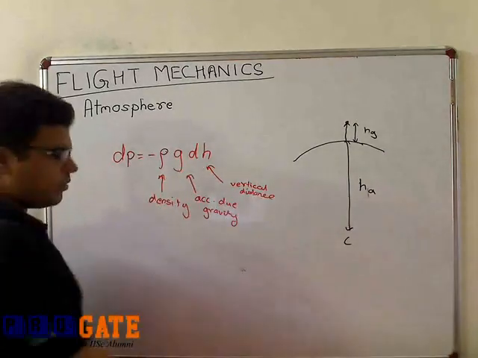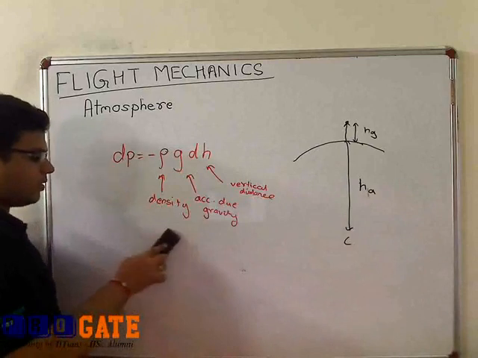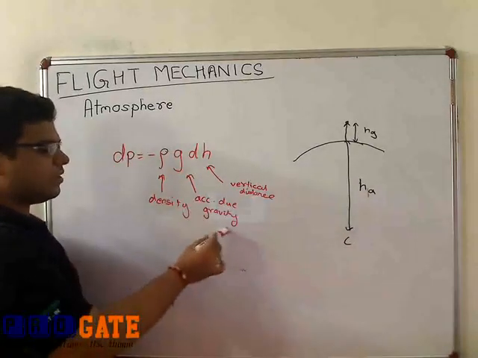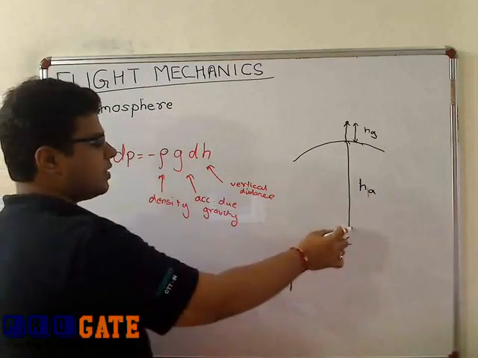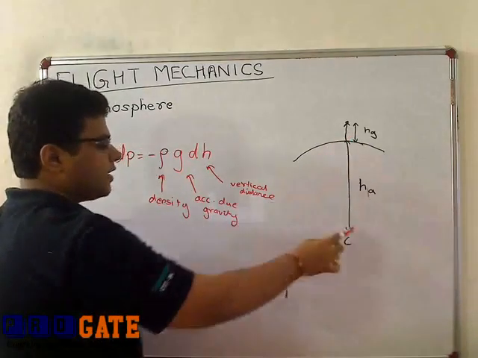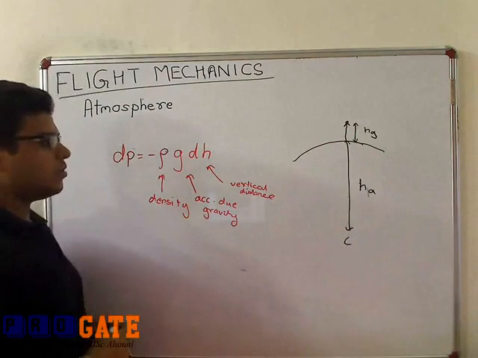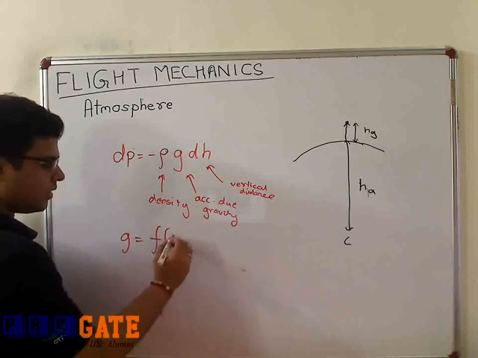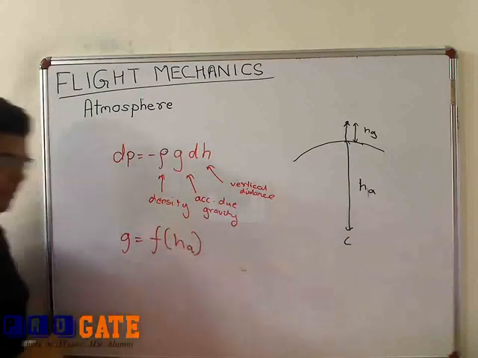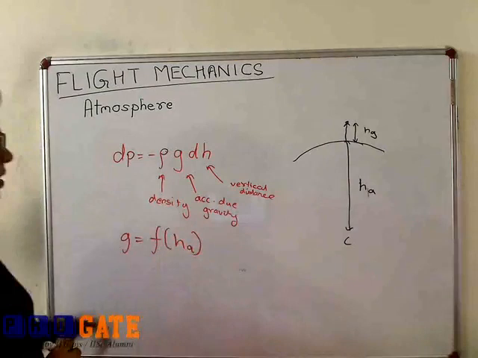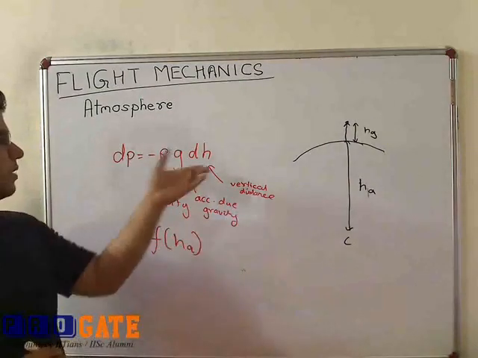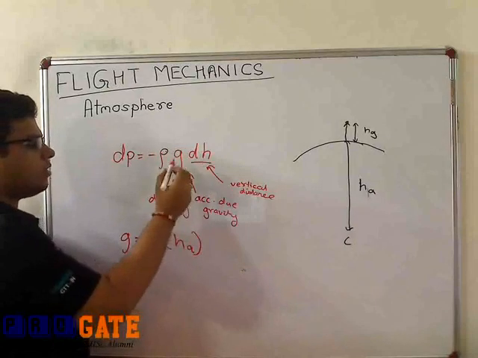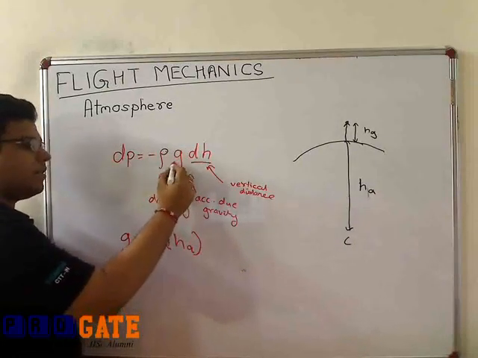So this property is used to define the geopotential altitude. As you know, the value of acceleration due to gravity depends on the distance from the center of the Earth. So g is a function of the absolute altitude of any point. As pressure depends on the variation of the height, it also depends on the variation of the acceleration due to gravity.